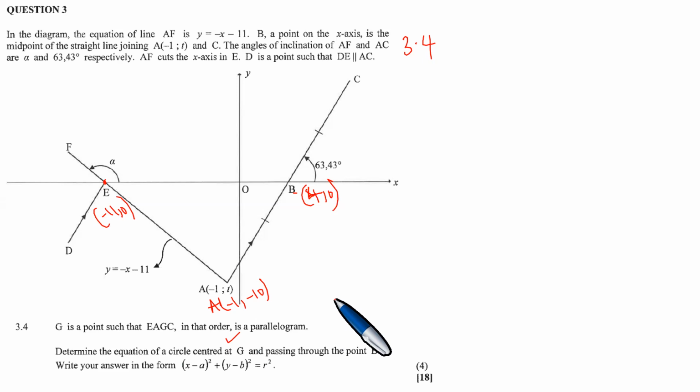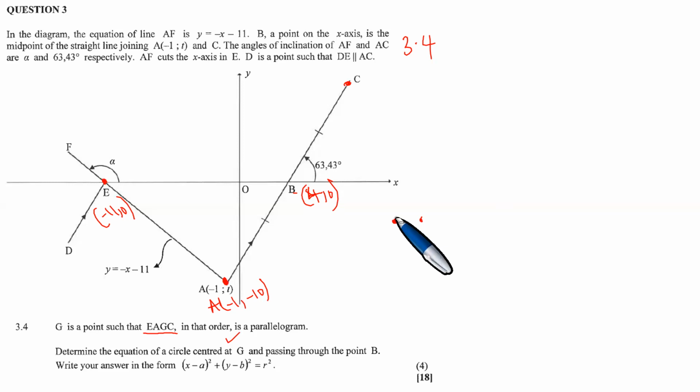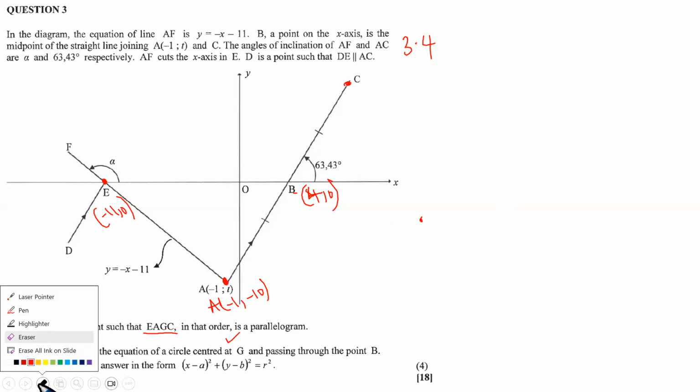Right. Irrespective of that, now look at what the examiner is suggesting. So he's suggesting EAGC. So you have E, you have A. Right. And then if you have G somewhere here, and then you have C. Okay, so this one you can remove.